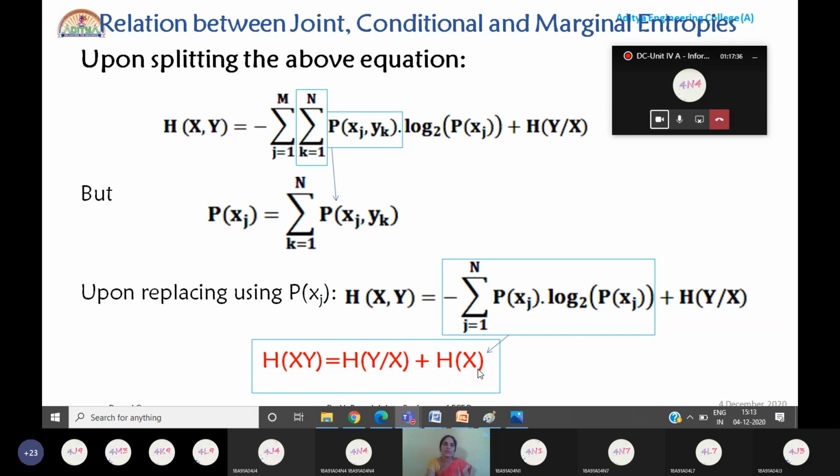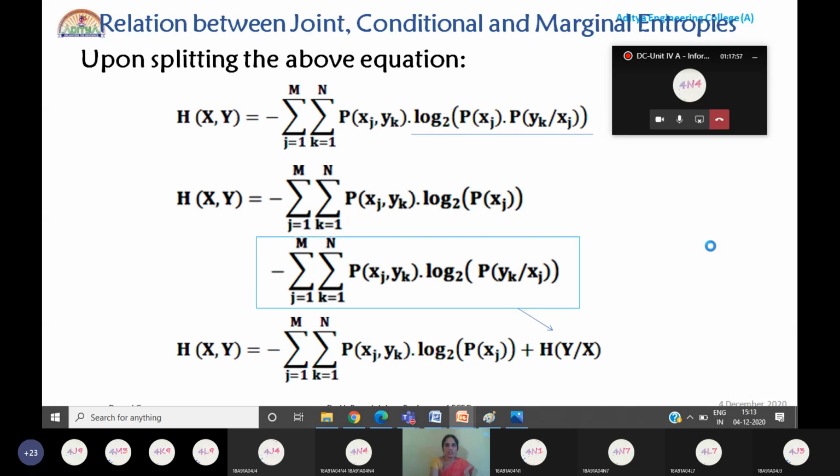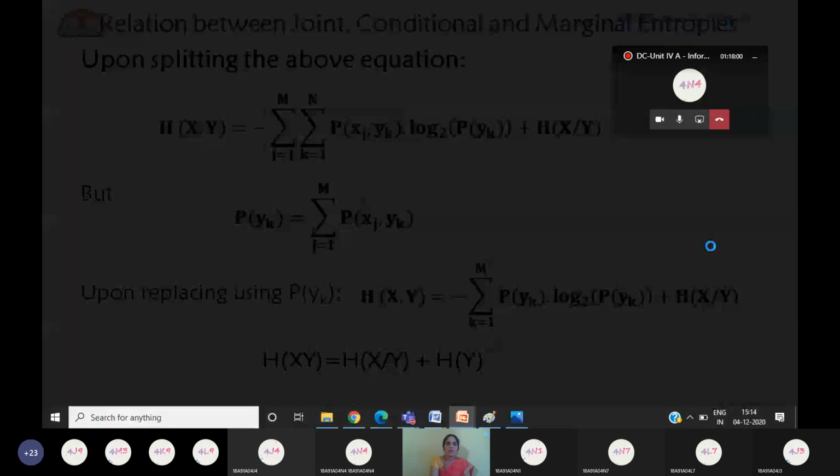They will give these two relations as state and prove. Three more relations are also there like this, using the mutual information. So please remember the procedure to prove these two relations. Once again I am moving to the same slide.